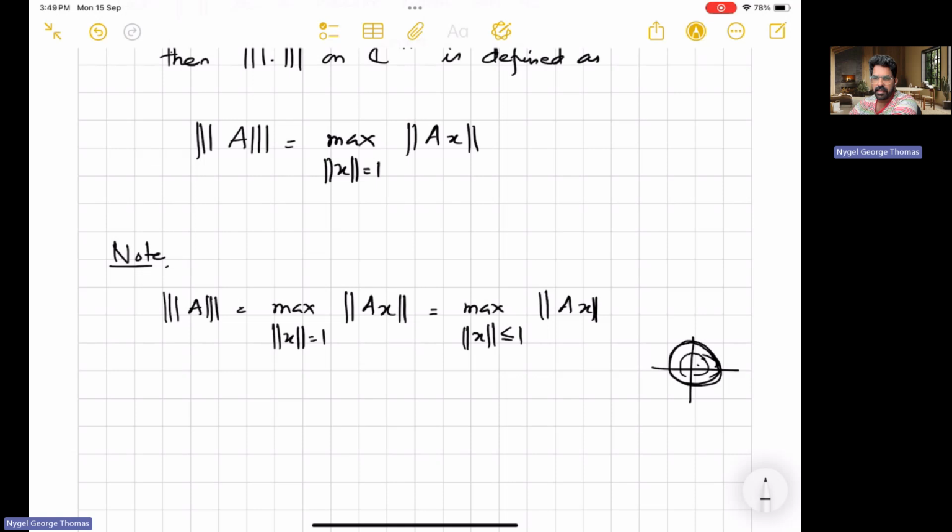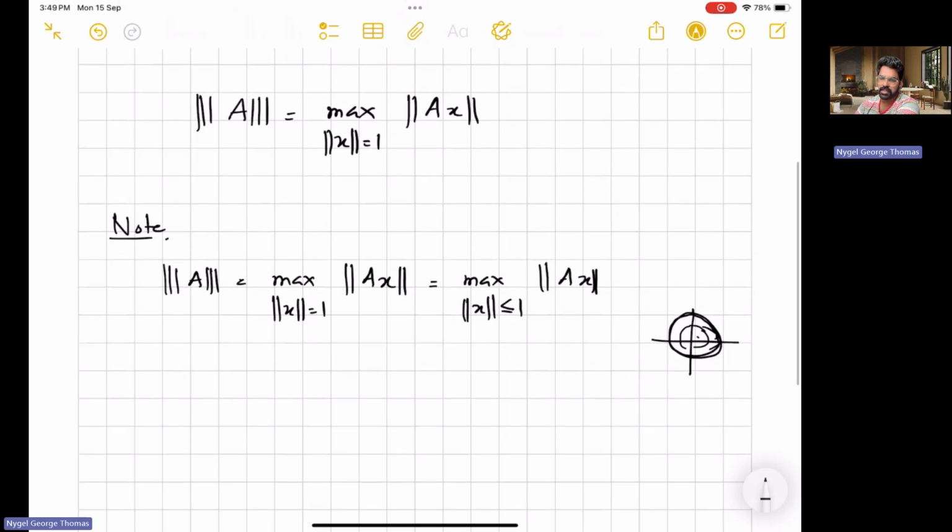Let's do this more systematically. Let's say we found an x hash, with norm of x hash equal to b, which is less than 1, and which is a maximizer of this.